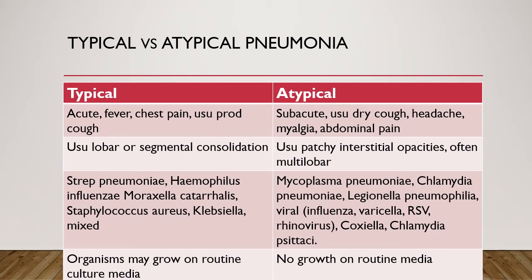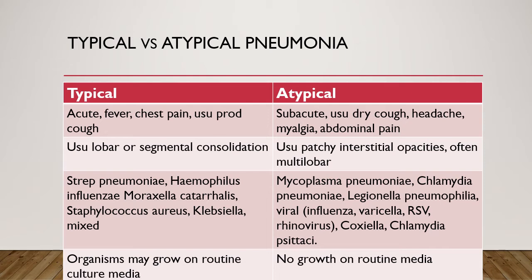So, if samples are sent for cultures, there's usually no growth, but you will have signs of infection on chest X-ray or on examination. So, treatment should be able to cover these organisms.